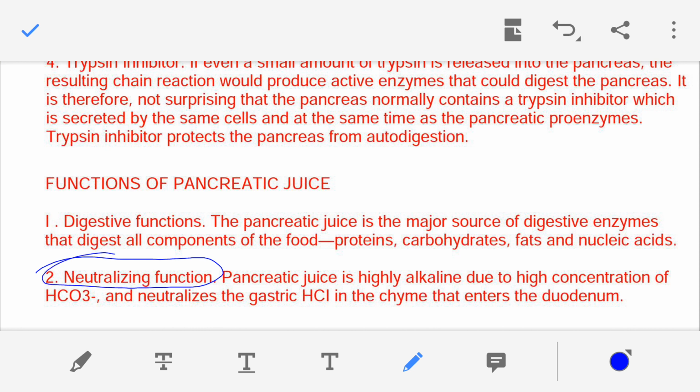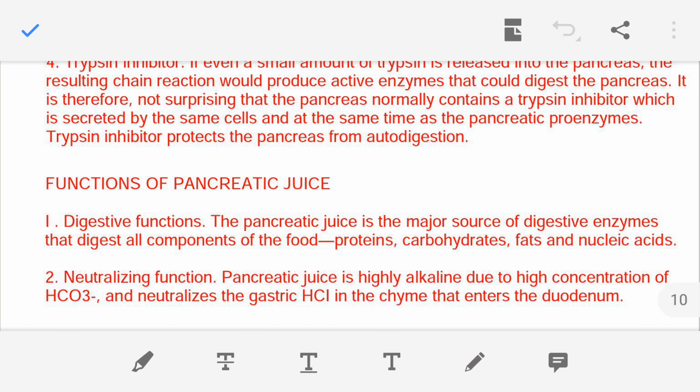The chyme leaves the stomach and enters the duodenum, and in this chyme HCl is present. We know HCl is an acid. To neutralize the effect of this acid, bicarbonate ions, which are present in excess in the pancreatic juice, neutralize the effect of HCl.